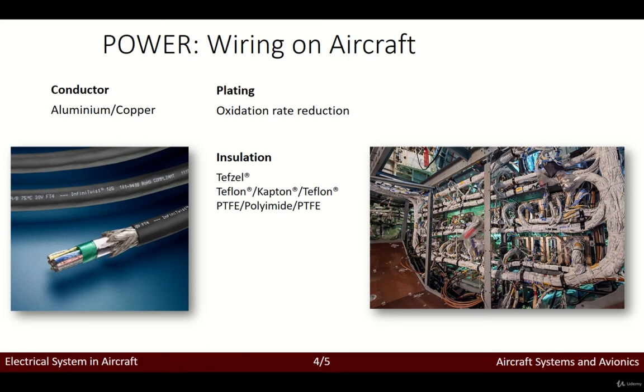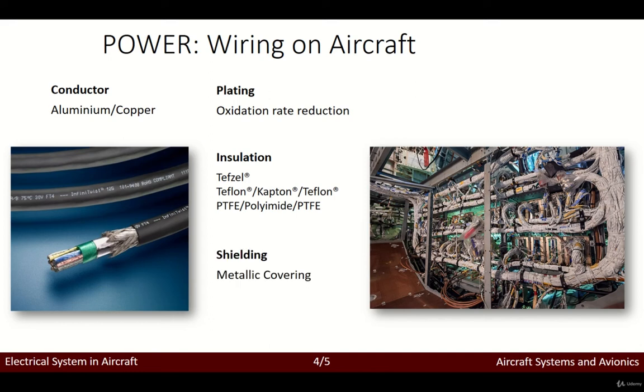But again, these are no longer used for new aircraft designs, okay? So mainly what we have nowadays for new aircraft are technologies such as TFCL, Teflon, Kapton Teflon, and also PTFE, polyimide, and PTFE, okay? It's a bit more advanced and has better qualities than the more traditional insulation materials that we had before, right?